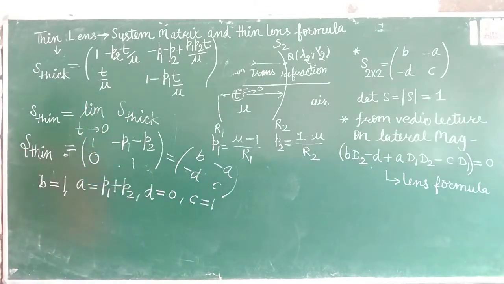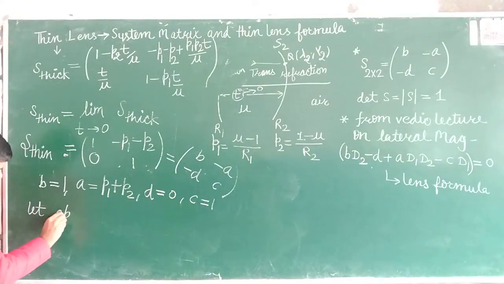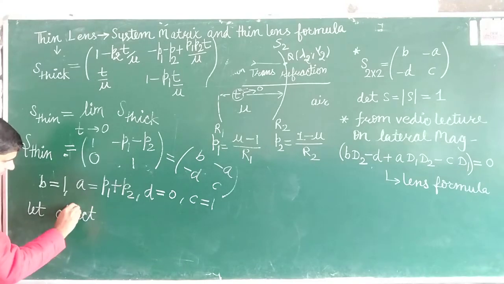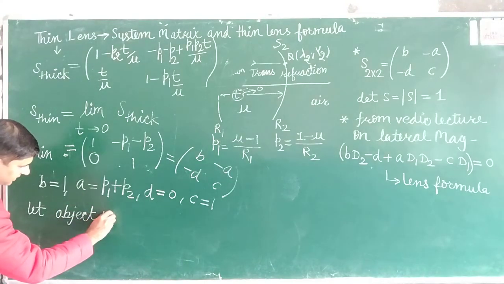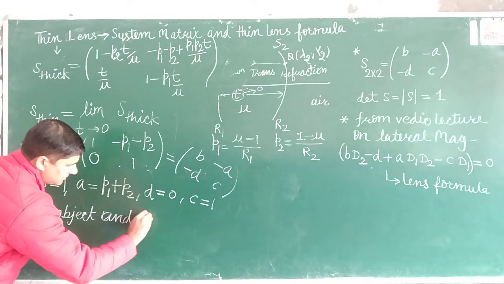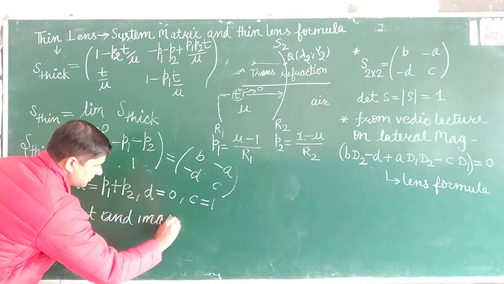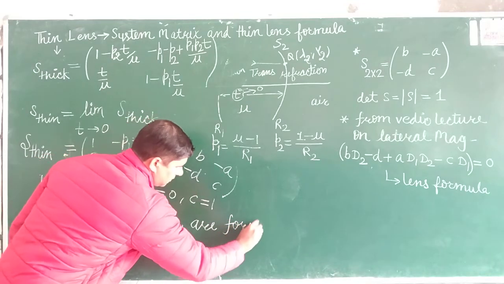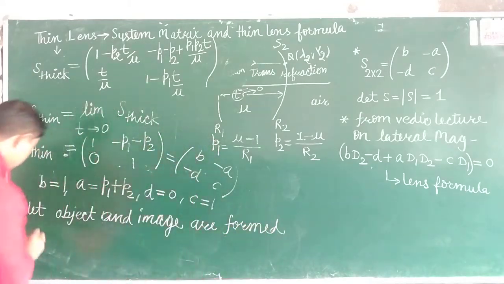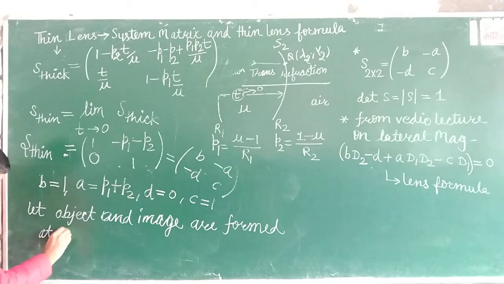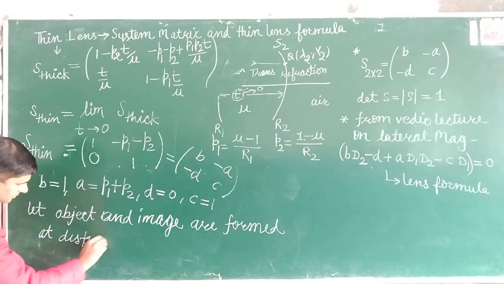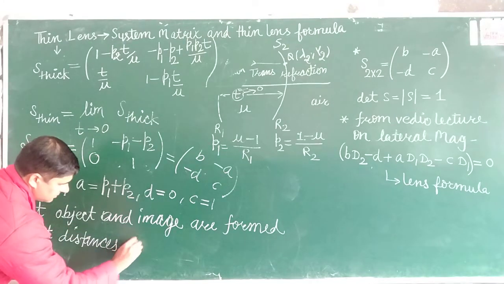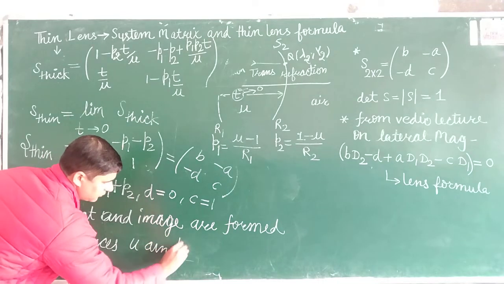Okay, now let the object and image be formed at distances u and v.